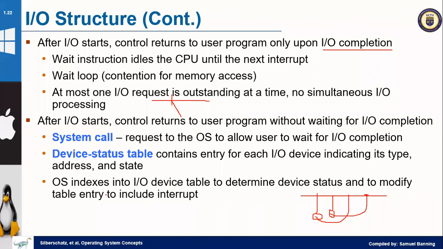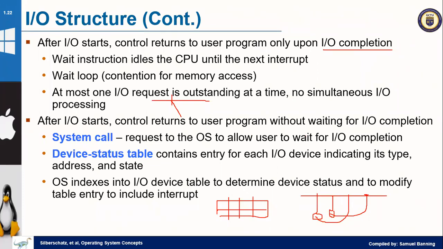So the operating system will index these IO operations, the IO request, the IO release, and all these system calls. There is a table called the device table, the IO device table. This IO device table will have an entry of all the IOs that are executing in the computer system.